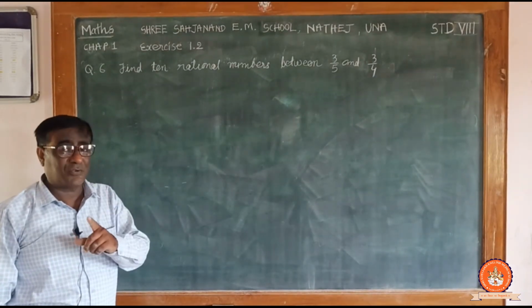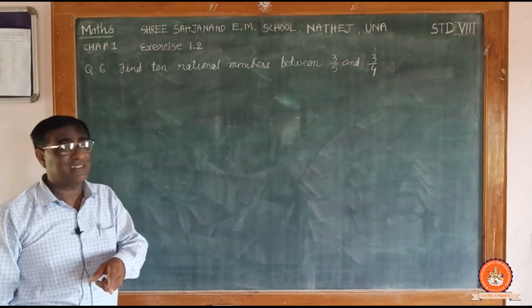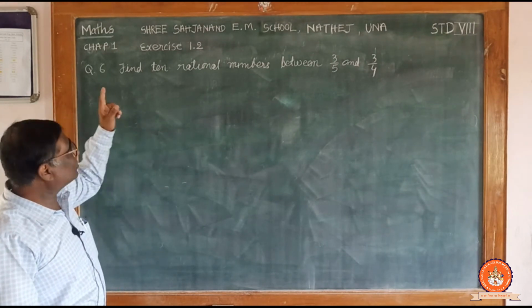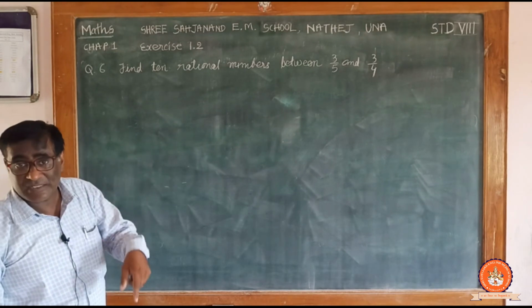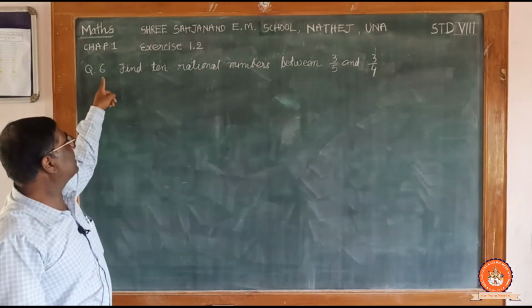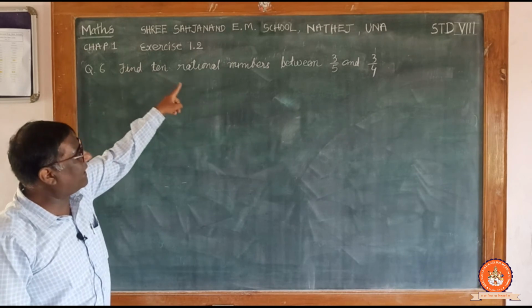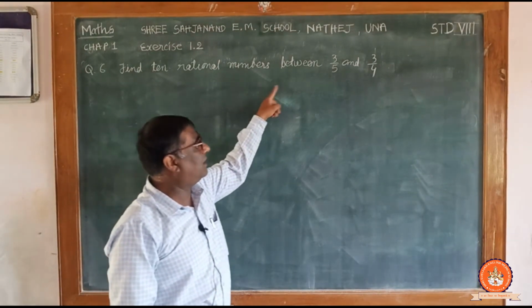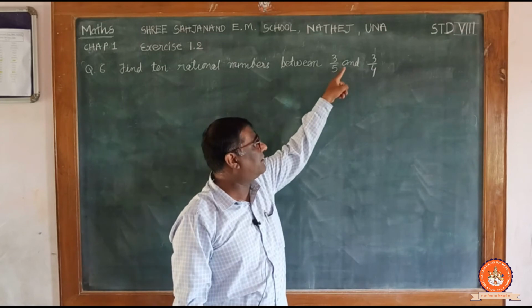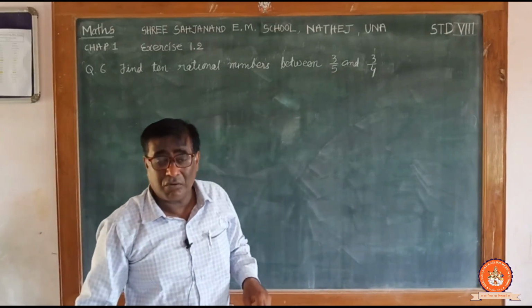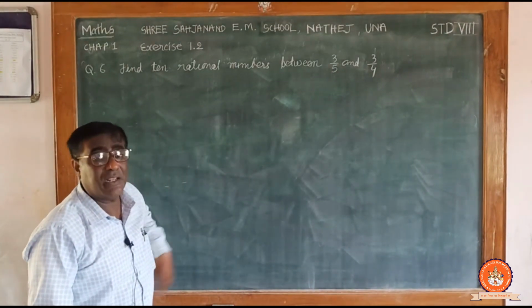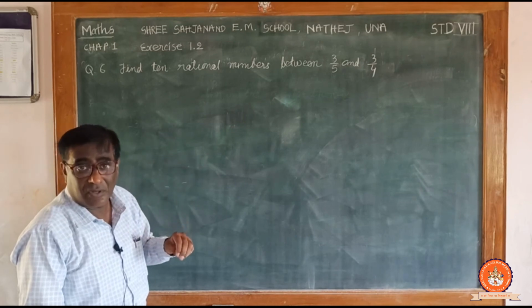Now the last question of this exercise and also of this chapter, question number 6 of exercise 1.2. Find 10 rational numbers between 3 by 5 and 3 by 4. We have solved so many questions of this type.